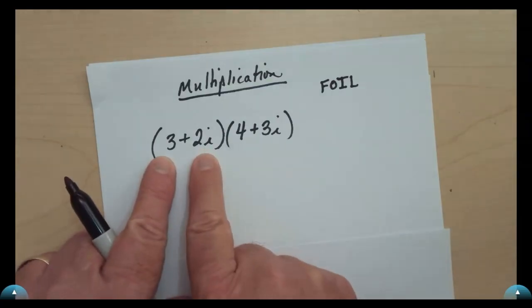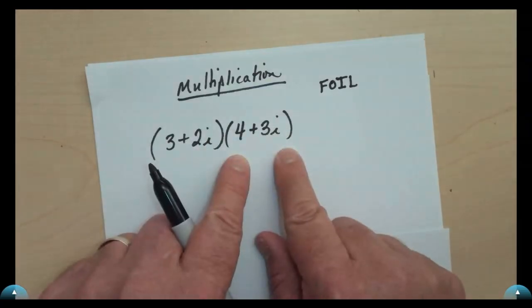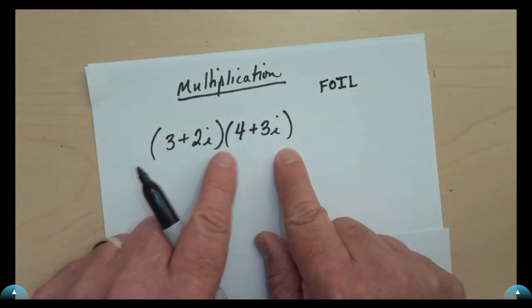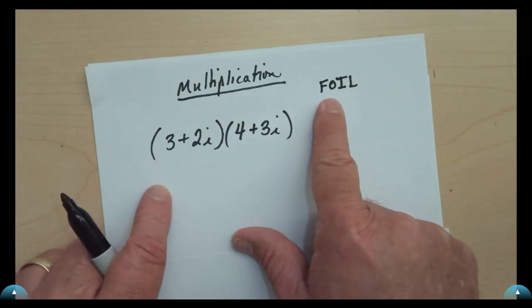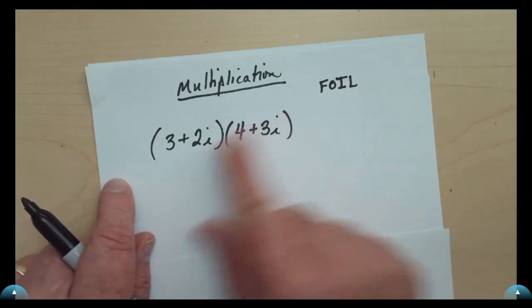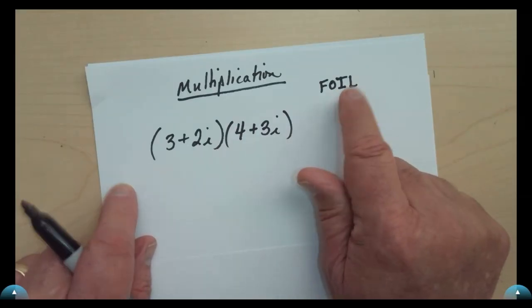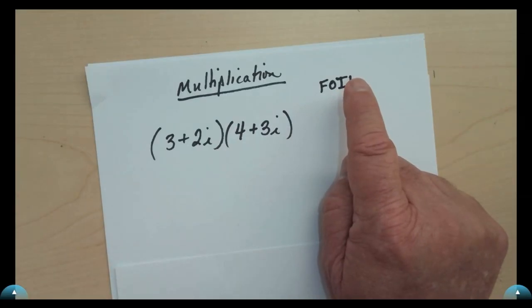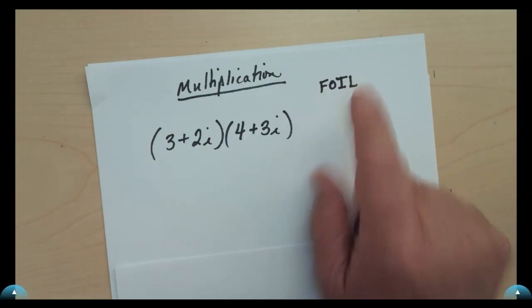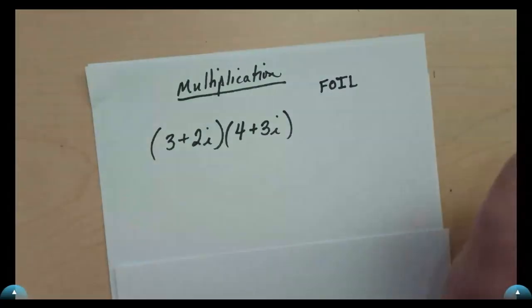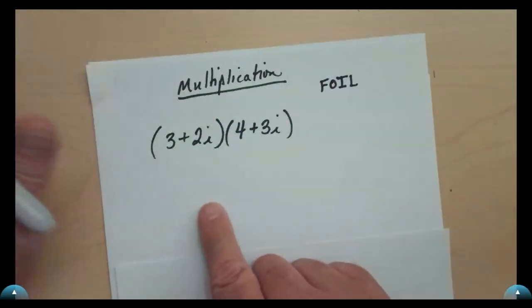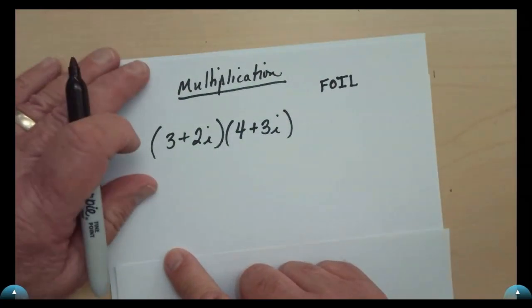It only works when you have 2 things in each set of 2 parentheses. But FOIL is a memory device to help you remember how to distribute this. The reason I'm using FOIL is because it turns out to be useful when we're factoring, to be able to use this sort of little memory device. So you don't have to know FOIL, but I want you to understand what it's saying.